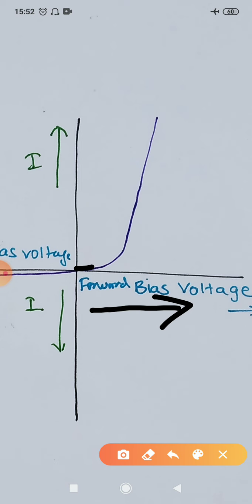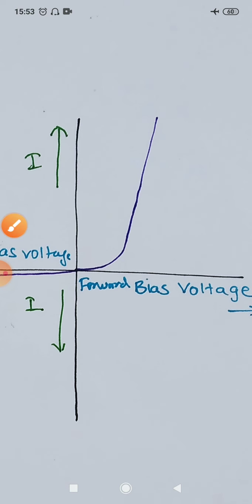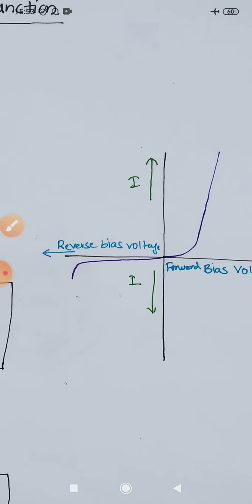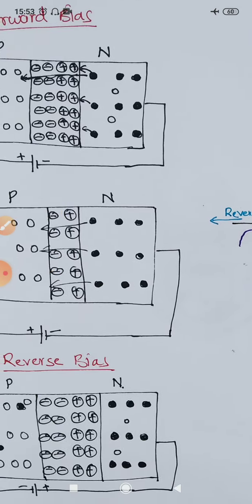But when the depletion layer thickness reaches some level, then the electrons can easily diffuse across the junction and give us a large amount of current for a small increase in biasing voltage. This is the characteristic of forward bias PN junction. In this, it can act as a switch in the on state, which gives the current flow.